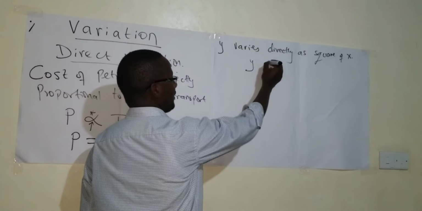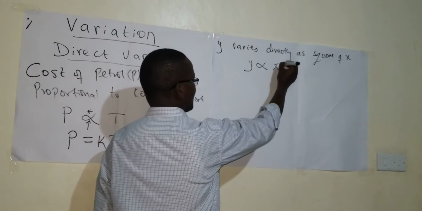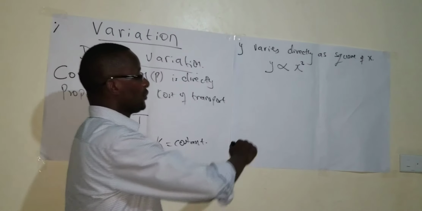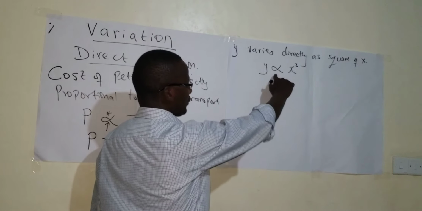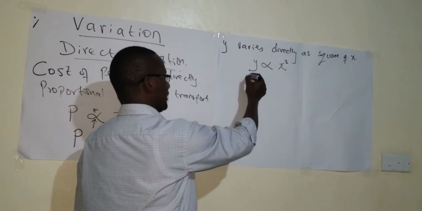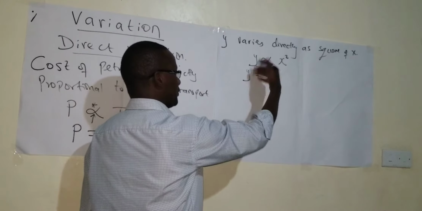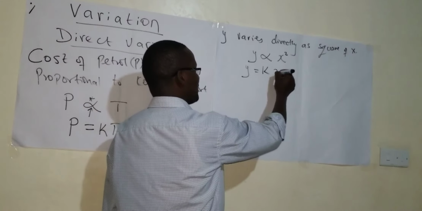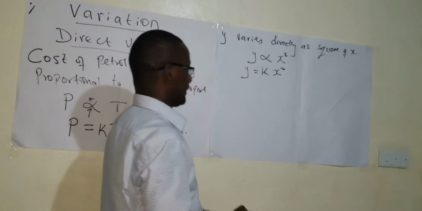So y varies directly as the square of x, that is x squared. So for you to write an equation, you have to remove this proportionality sign and introduce an equal sign. So y equals, so you have to introduce a constant k. So y equals kx squared.